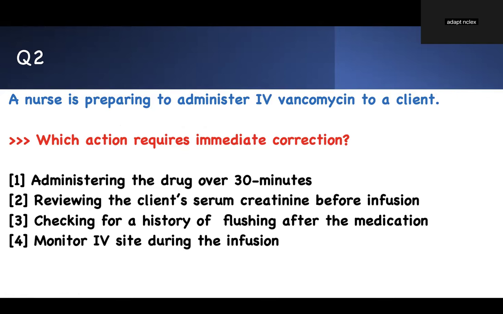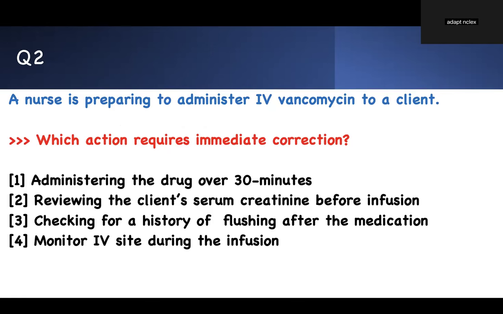The best way to answer this question is to go back to what the medication is. Vancomycin, you know what it is. You have to have the pharmacokinetics idea about the medication. This is medication administration, so you have to know a few things about it. It affects your kidney. You shouldn't run it too fast, or you get flushing. You have to check your trough and peak before you give it to the patient.